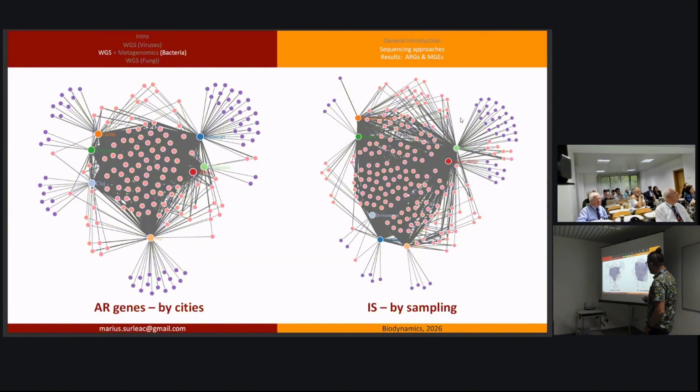The ones in pink in the middle are the genes that have been found in all these cities, while the ones in purple are unique to a specific city or shared between only two cities or a few more cities.